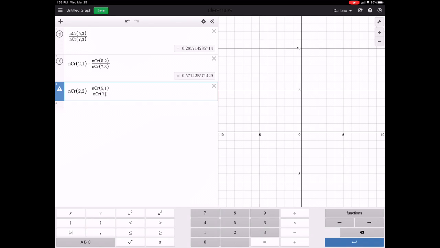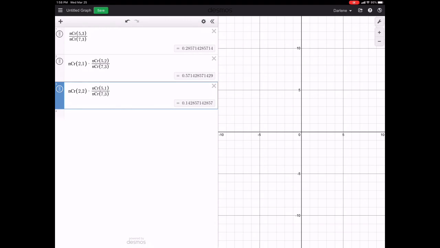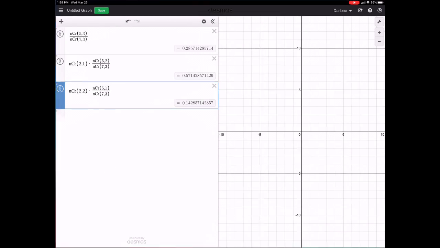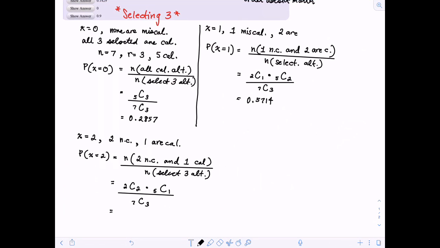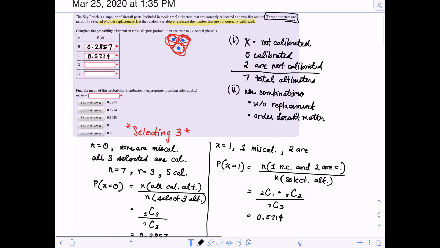Just the number of ways we can select. So notice this probability is 0.14, and rounded to 4 decimal places, it'll be 0.1429. And so let me put that up there, 0.1429.